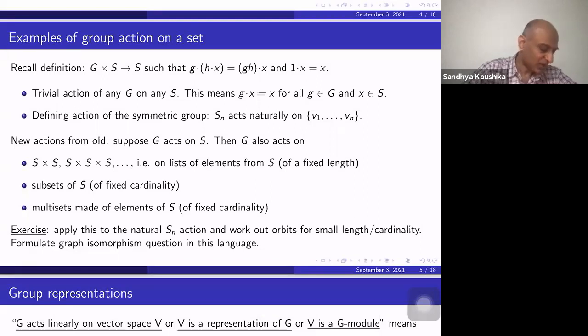Right. So here's a small exercise for you. And if you have not seen this, then it really is worthwhile to do this. Okay. Yeah, and a graph isomorphism problem. So if you are given two graphs, then to see whether these two graphs are abstractly isomorphic regardless of labeling, this is really a question of asking whether two things are in the same orbit of an action, right?